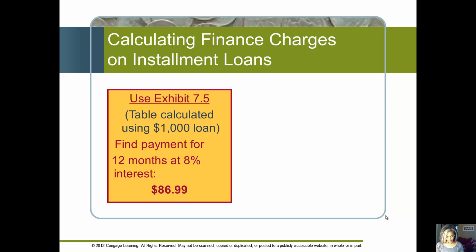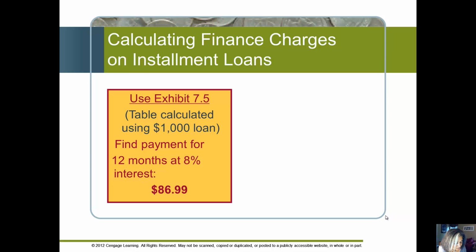Searching for the page, it's not exhibit 7.5, it's exhibit 7.4 on page 190. And so what we're doing in this exhibit is trying to find the monthly payment for that $1,000 loan at 8% interest. So you'll look at that first column and go down to where it says 8%.